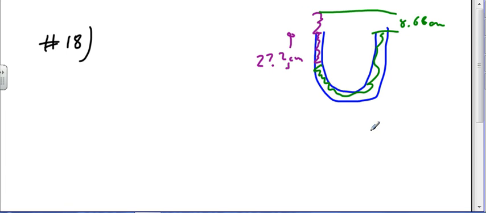Okay, so that being the case, then we're going to look at that point there. The height of the water is going to be 27.2 minus 8.62.